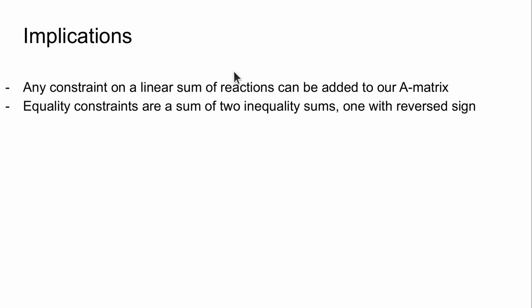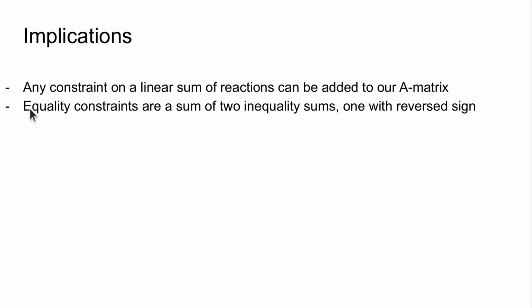And so because of that, we have an actually pretty flexible system, right? So just to summarize, any constraint that we have that can be related to a linear sum of reactions can be added to our A matrix, right? The original ones are mass balance, steady state, and individual flux bounds, but we could conceivably invent some others.